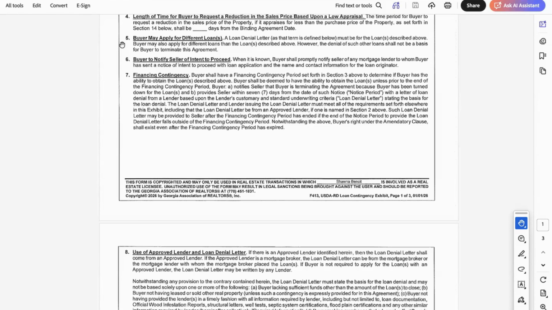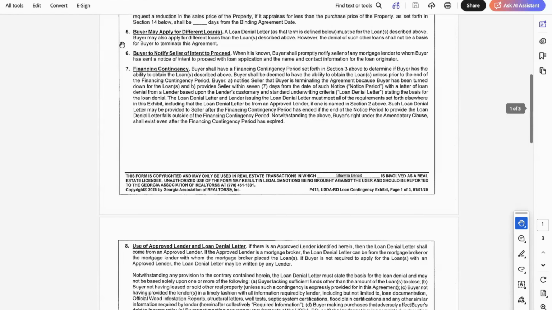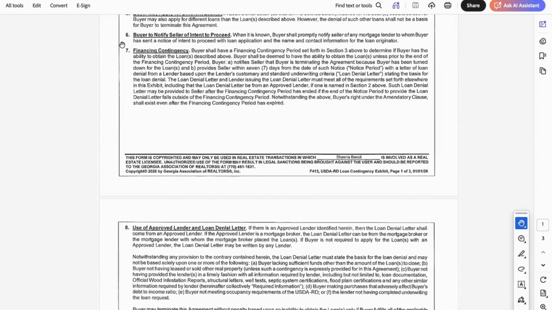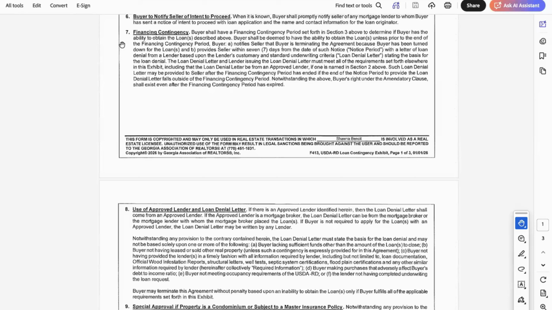You cannot intentionally apply for a different loan and use that denial to escape the contract. 6, buyer to notify seller of intent to proceed. Buyer must notify seller which lender they are moving forward with. This creates transparency.